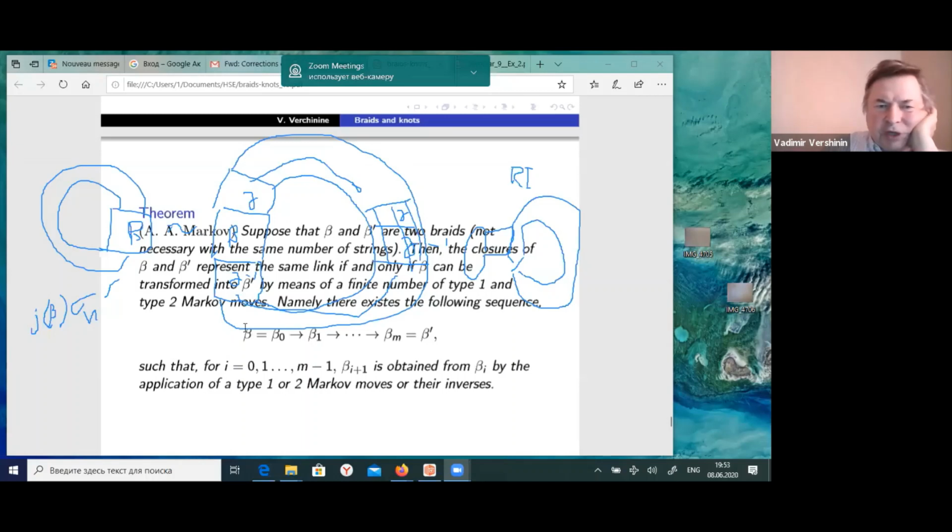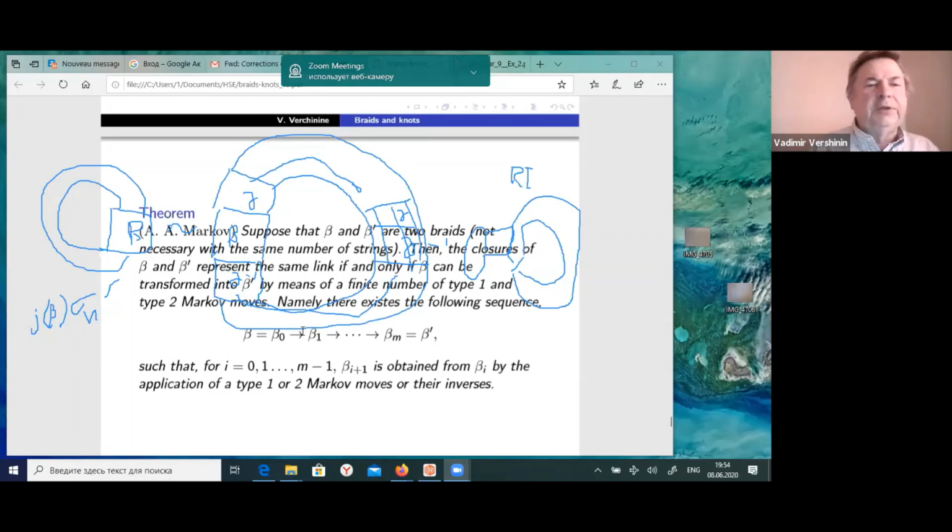You start with beta, let it be renamed beta 0. Then you have this arrow. This is either a Markov move or its inverse. Of course, the inverse of the first Markov move is itself. Actually, the inverse you need is when you are mentioning the second Markov move.